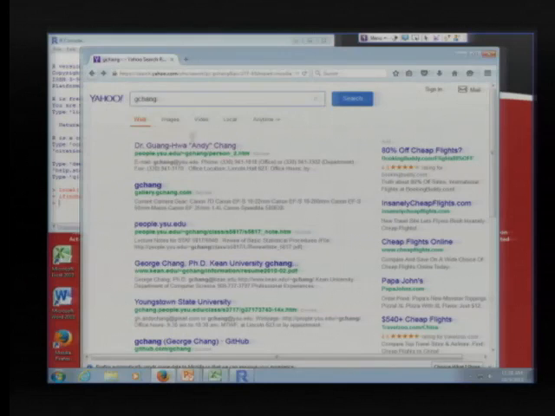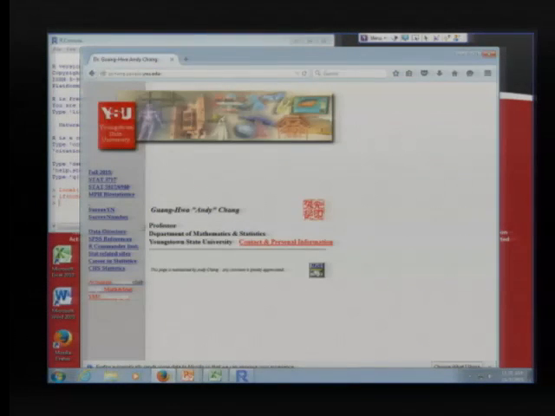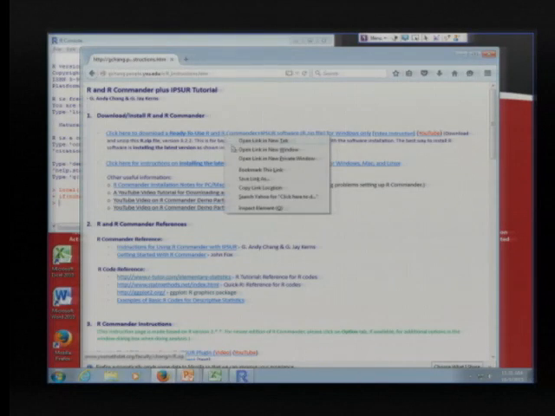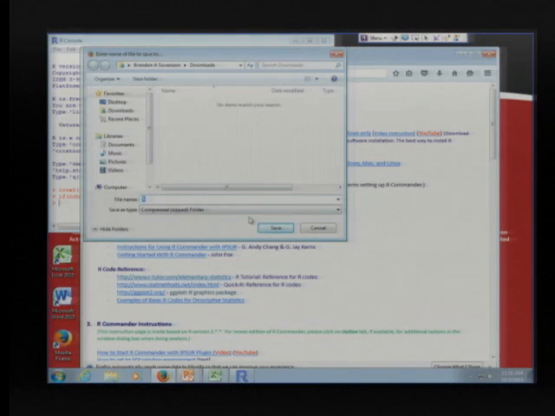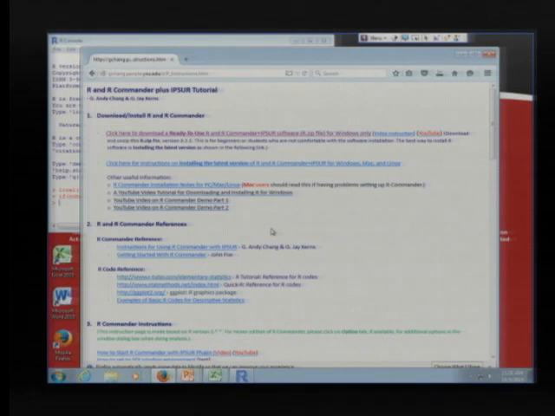Which one? Not do this. Okay. Save link as. Desktop. I've got to ask him not to remove this in the future. I don't know whether I can do that or not.